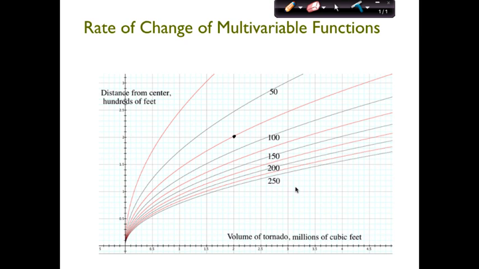So this is for 2, 2. We'll say the wind speed is a function of volume and distance from the center. So W is a function of V and D. I want you to predict and interpret these numbers, and with units.